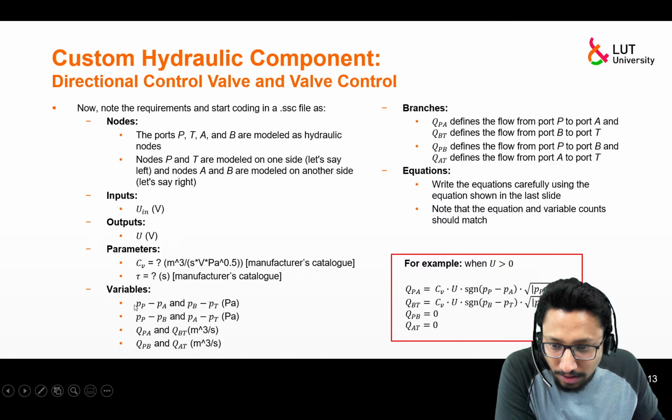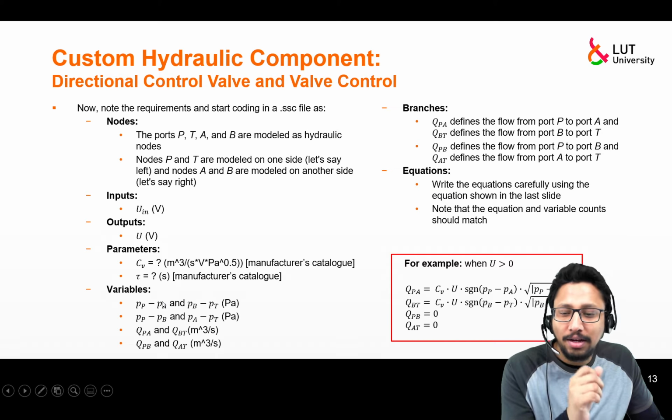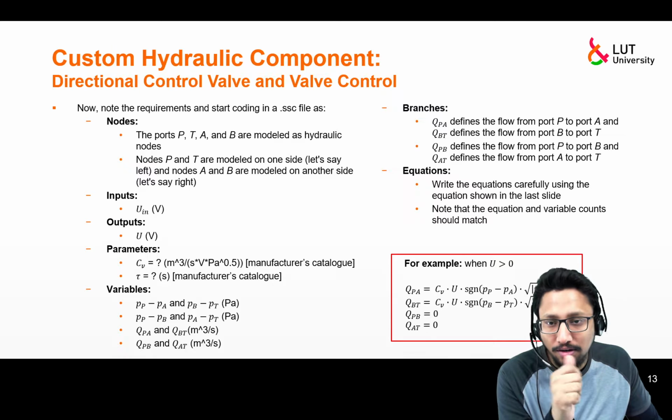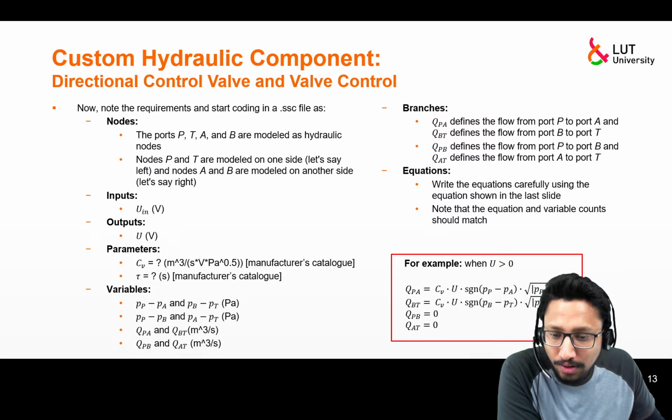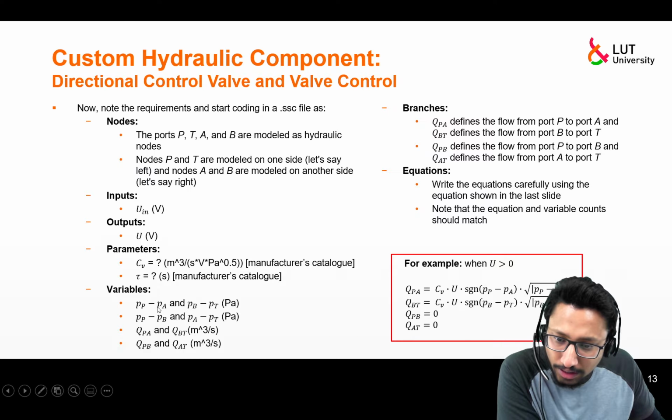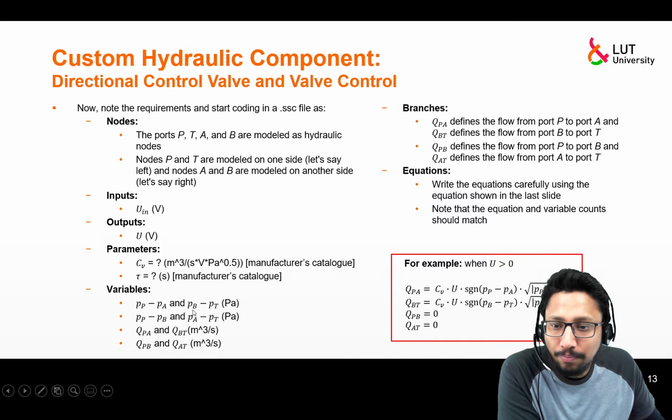This variable here, PP minus PA, we call it just one variable as PA. When you follow tutorial 7 and see there, I have defined accordingly. Then there is another variable for this part, another for this, another for this, and then these 4. So total 8 variables here which are unknown.